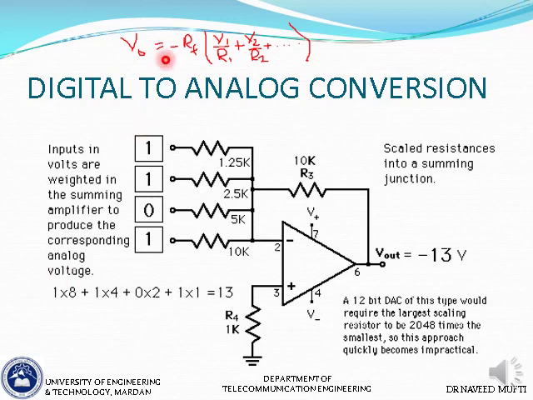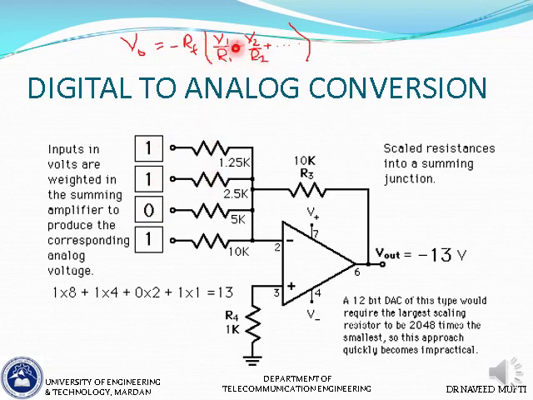Because all the resistor values are different, they remain here with their respective voltage. This ratio of voltage by resistance represents the current. For example, if the voltages are 5 volts, wherever there is a 1 there is 5 volts, and wherever there is a 0 there is 0 volt. Consider these two, 5 volt and 5 volt: the voltages are the same, but the resistance values are different.